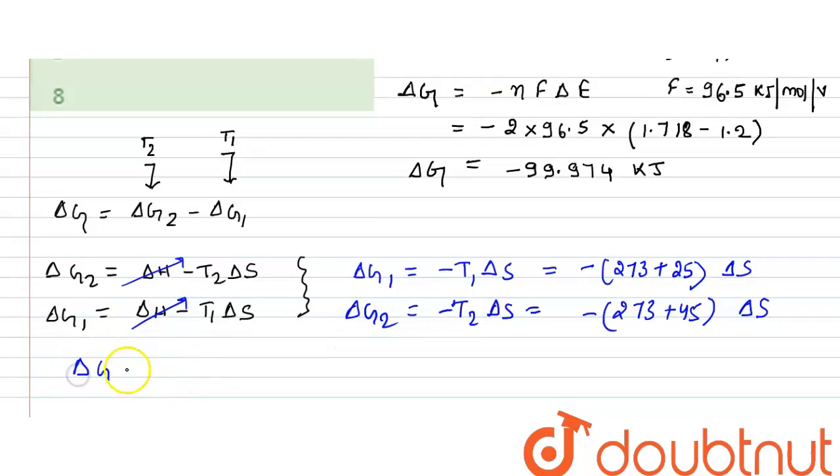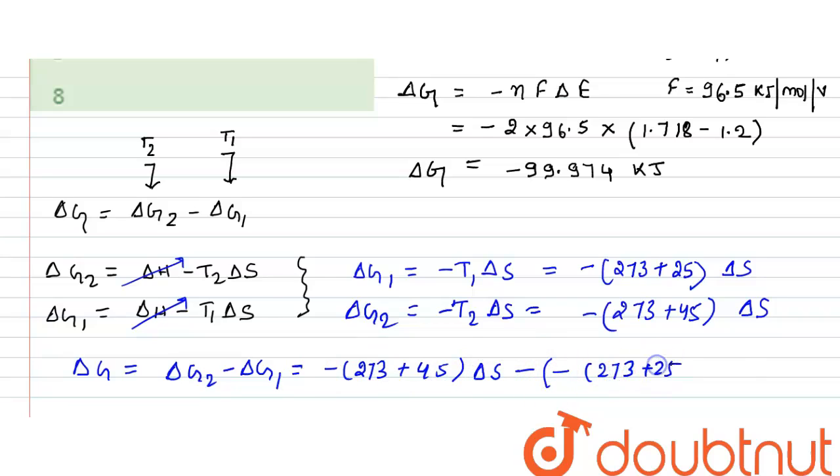Now you can easily write delta G will be delta G2 minus delta G1. We have seen delta G2 is minus of 273 plus 45 into delta S, and delta G1 is minus of 273 plus 25 into delta S, right?